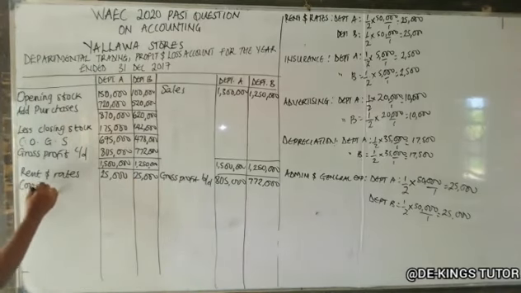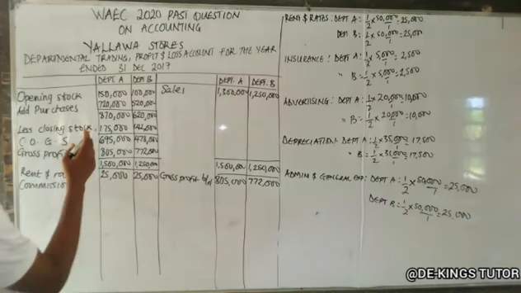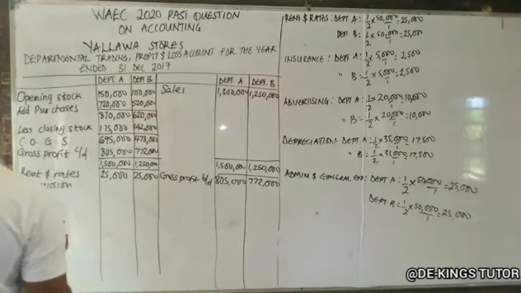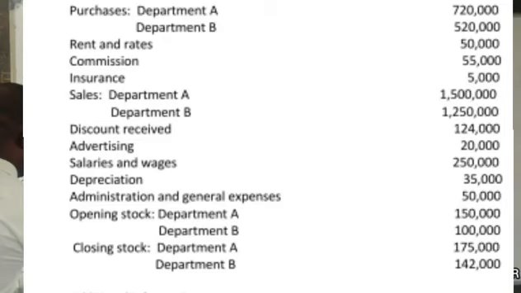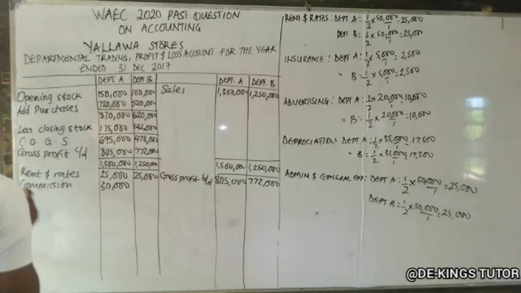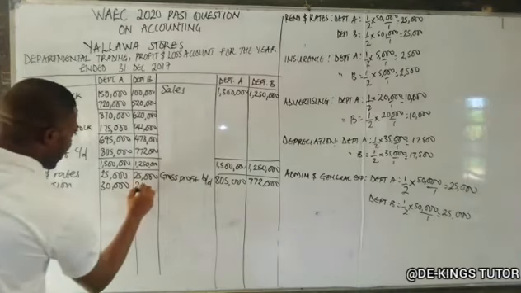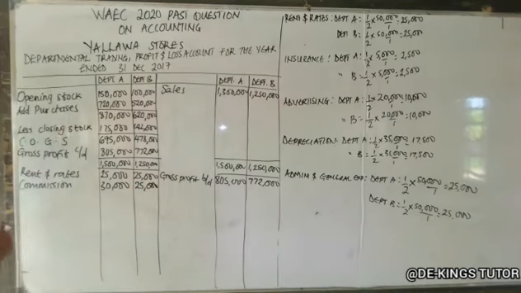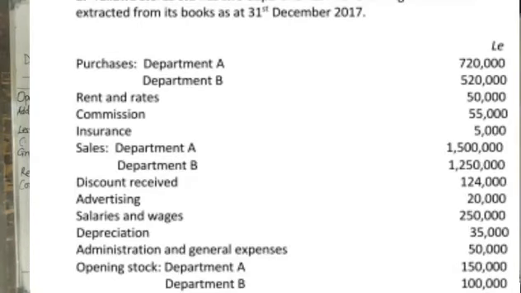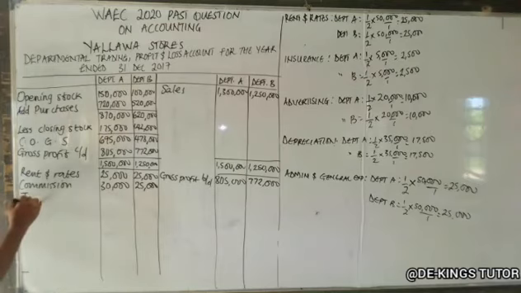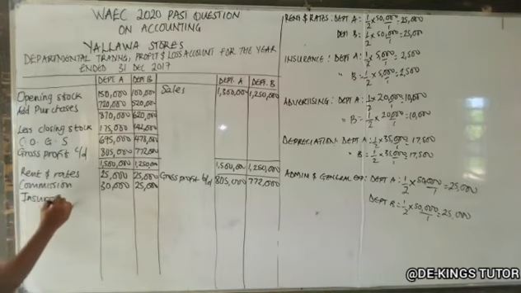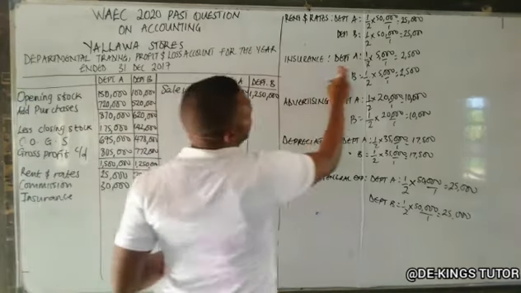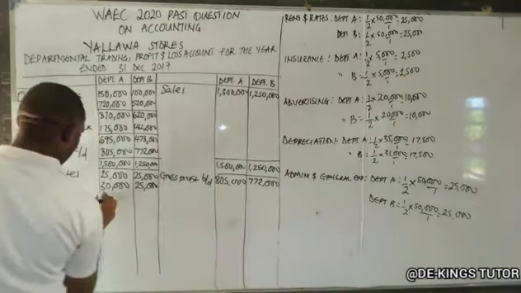So the next one is insurance. Insurance, we did adjustment also, 25 and 25. The next one is advertising. We did adjustment also, Department A and B, 10,000. So write 10,000 here, 10,000 here.